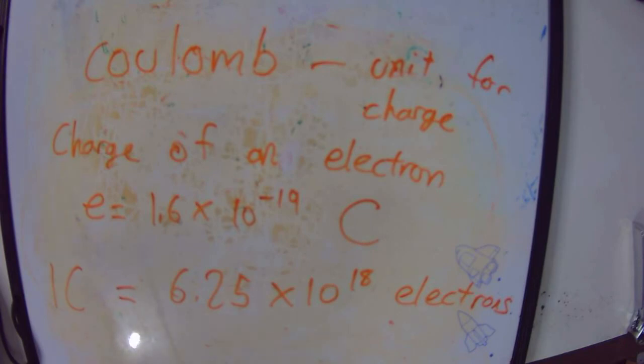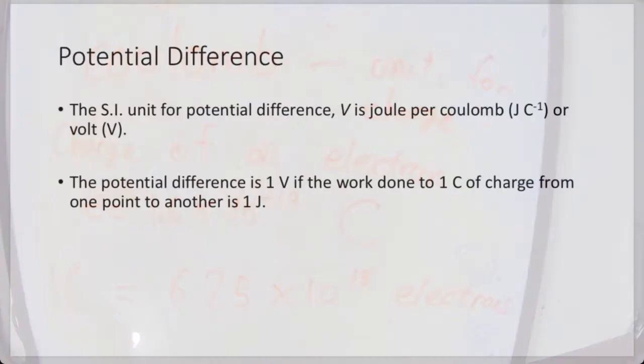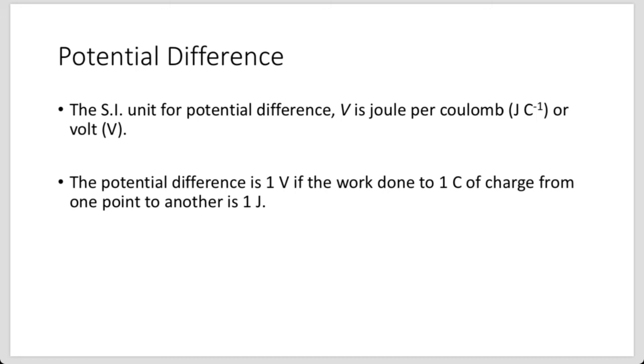Meaning to say, you need to find the number of coulombs first, then convert the number of coulombs into the number of electrons. I think there are a couple of questions in your textbook that ask you to solve that. But other than that, that's it for talking about all the different formulas.